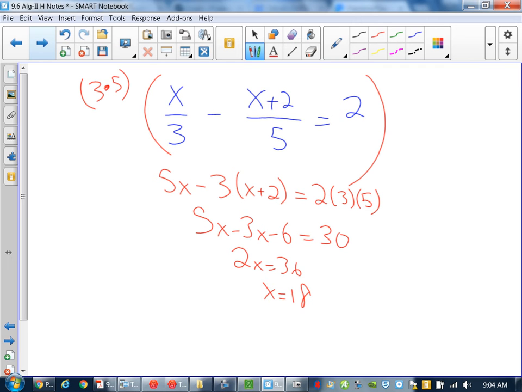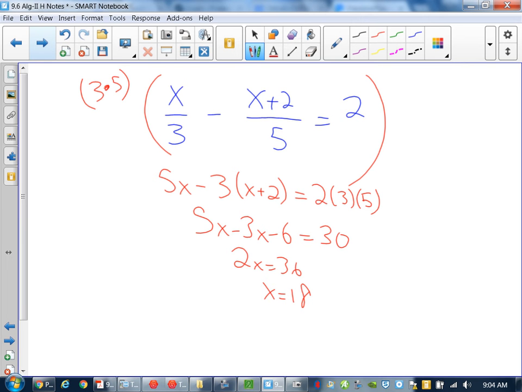You have to distribute the negative. Yep, always. You always distribute your negatives, and then it's just a matter of a two-step equation. Add 6, 5 minus 3 is 2, divide by 2, and you got 18.